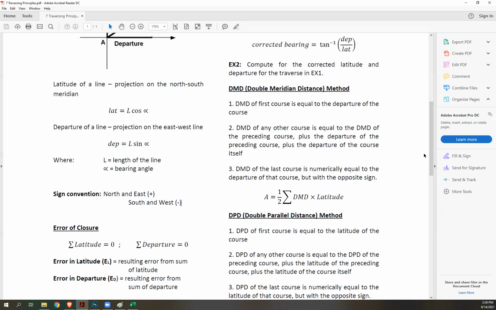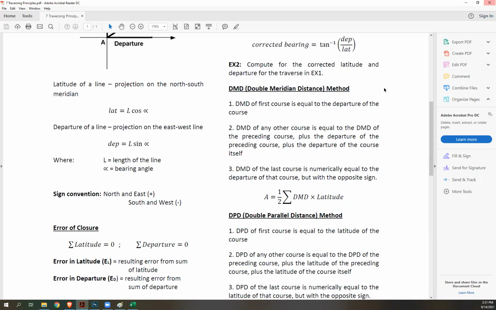Repeat that step until you reach the last side. The DMD of the last course is numerically equal to the departure of that course, but with the opposite sign. Later on, I'll show you what that means. To get the area, that's just 1/2 times the summation of DMD times latitude. That's the DMD method.